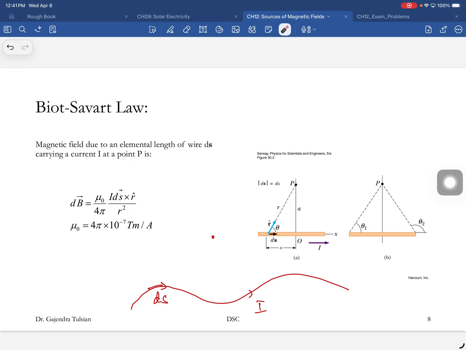Anytime you want to find the field due to an element, stick your thumb out in the direction of the element, and your fingers will point in the direction of the magnetic field. So if you extend this, the field due to this element will be out of this paper sheet.